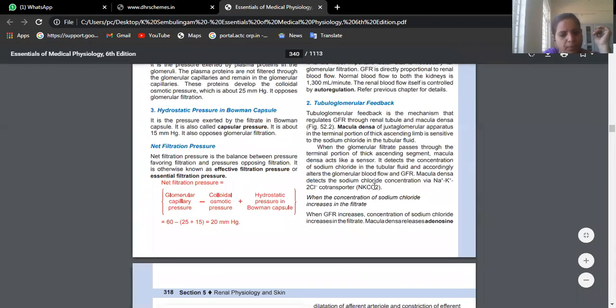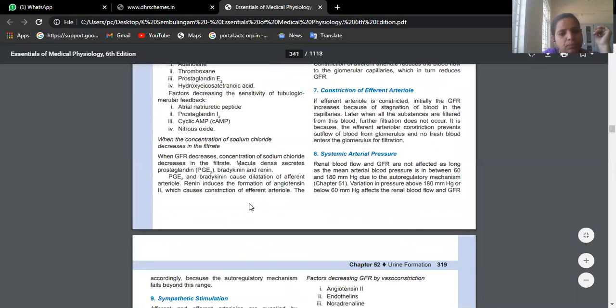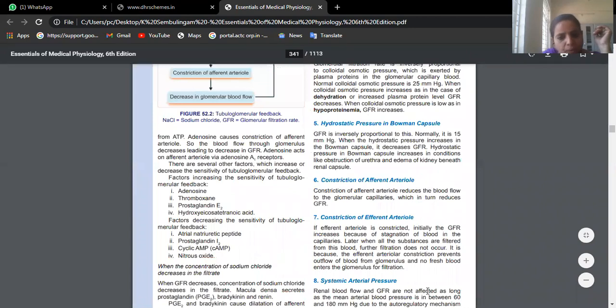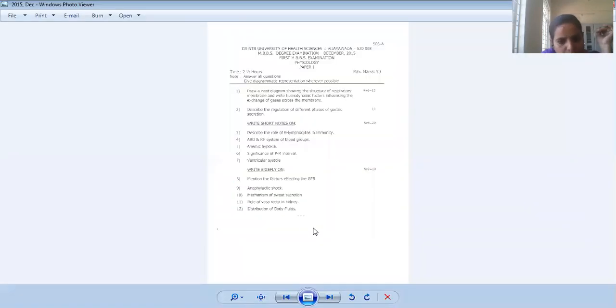Tubuloglomerular feedback. All these very short I'll discuss tomorrow.